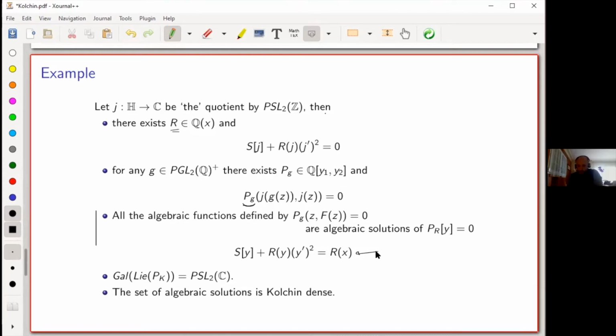So this is the easy way. You just take the derivatives and everything. So you write, in fact, something like J of G of Z is equal to F of G of Z, and then you compute the Schwarzian derivative on both sides. So you apply it to both sides, and you will get that your F here satisfies this equation.